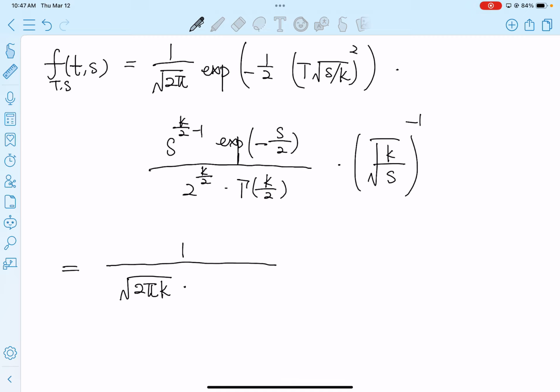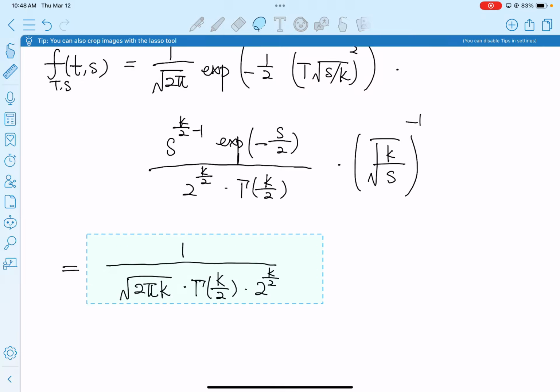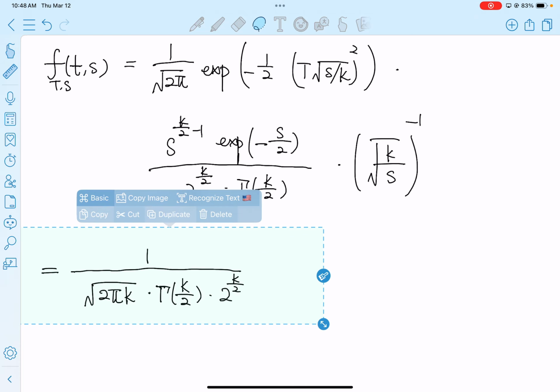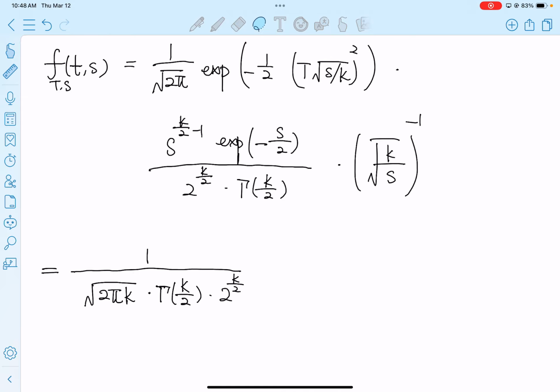Okay. Let's see. We also have a gamma function of k over 2. So let me bring that in the fraction. And also the 2 raised to the power of k over 2. Okay, so these are all the constants.